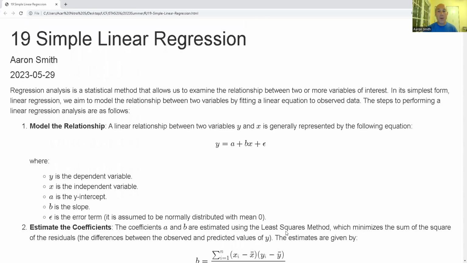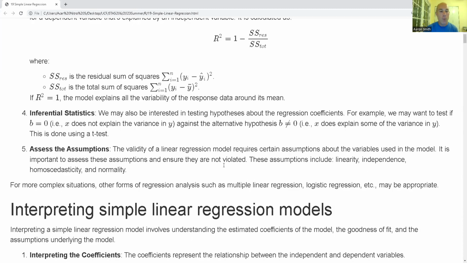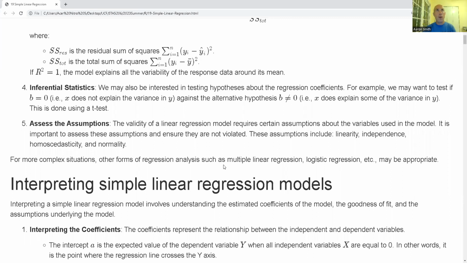Something I need to say about this: y for this model needs to be a numeric variable, and more than likely continuous. We would prefer for it not to be something like counts. In most situations, we would ideally like y to be normally distributed, but that's not really needed. And when I say normal, I mean normal when x is a fixed value.